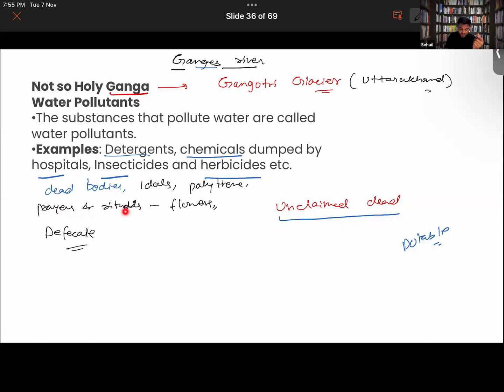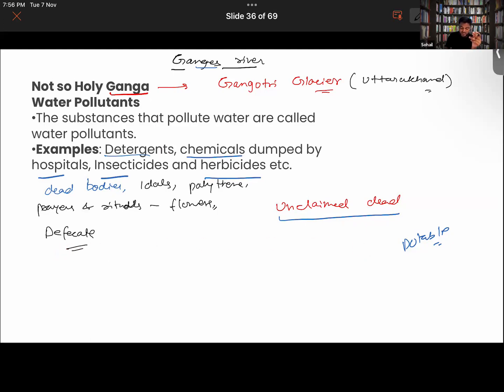After the prayers and rituals, people dump several things in the Ganga river, like flowers and ashes. Worst thing is that many people openly defecate in the Ganga water also.